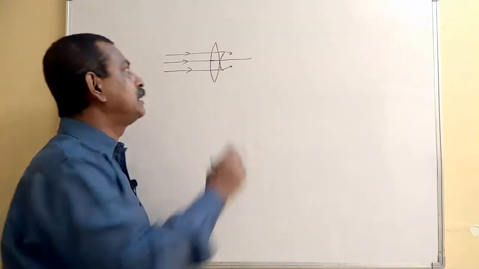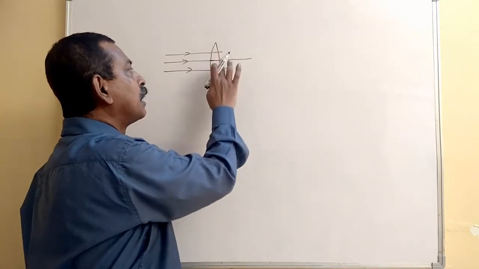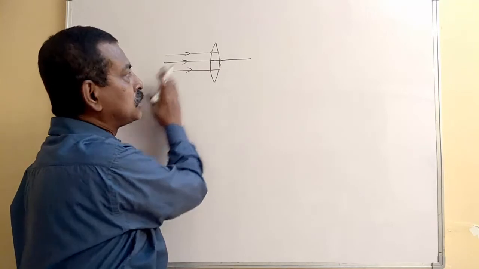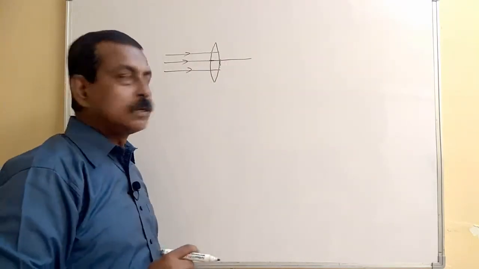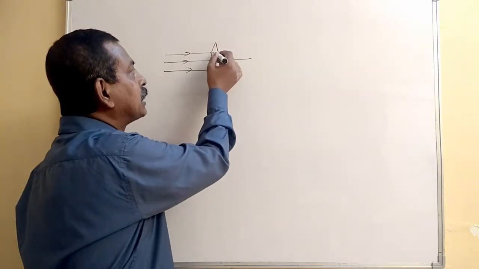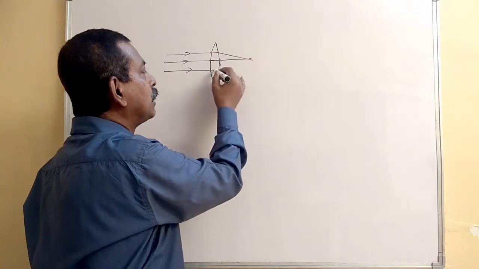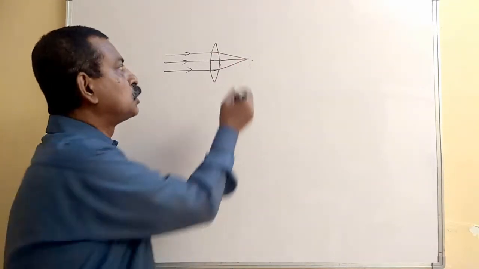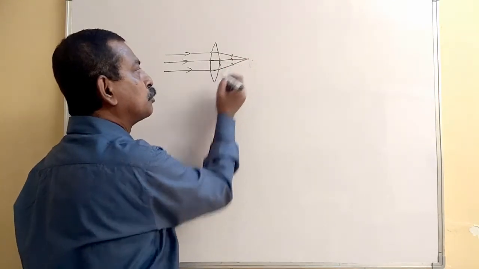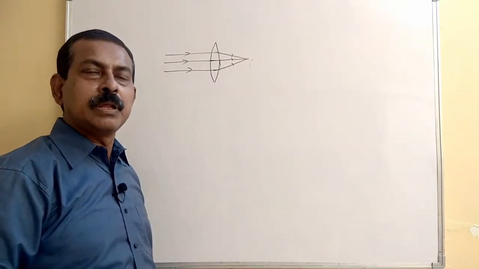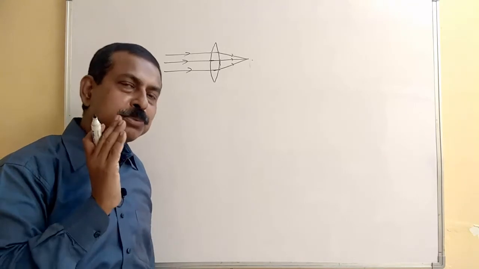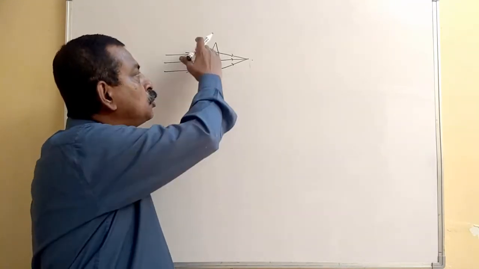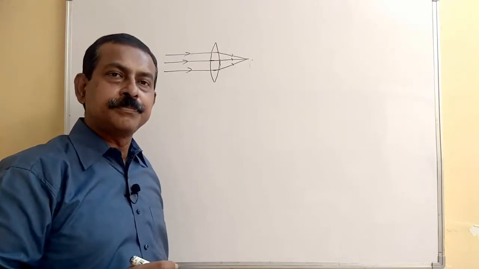You can take it in a different way also. Like here, if we have the parallel waves falling on this convex lens, in that case, they will be meeting at the focus. So this is the direction of their propagation. So here, as we have said, the wavefront will always be perpendicular to the direction of the rays or the waves.